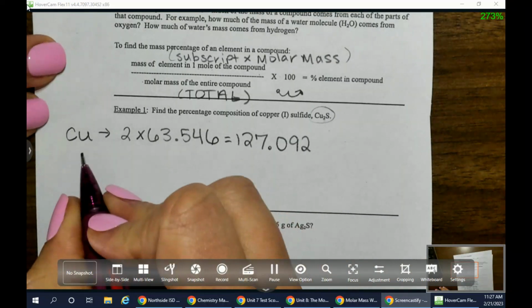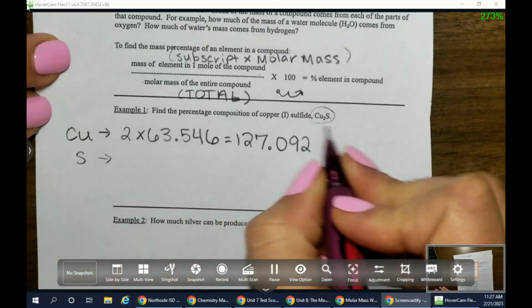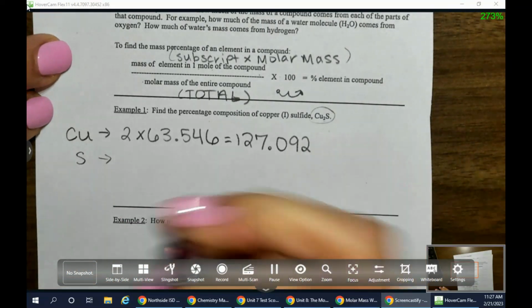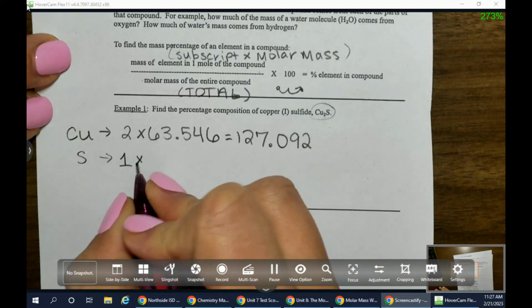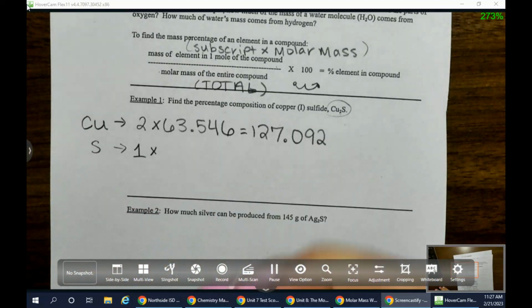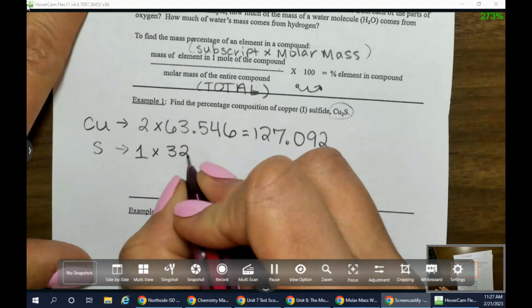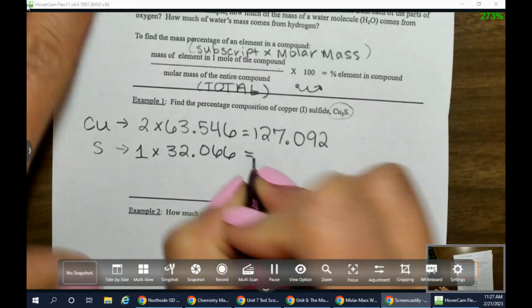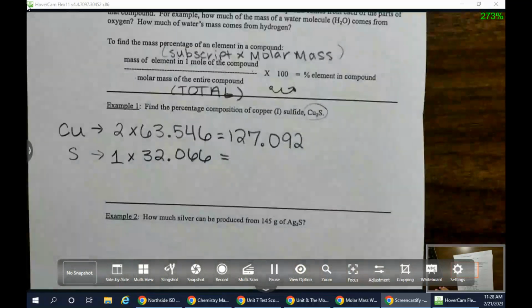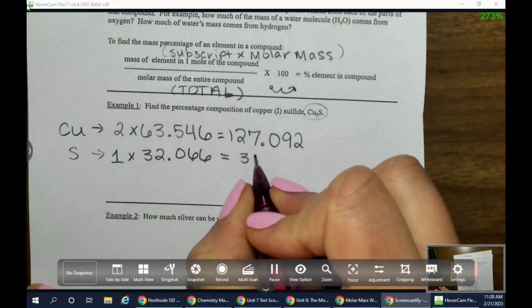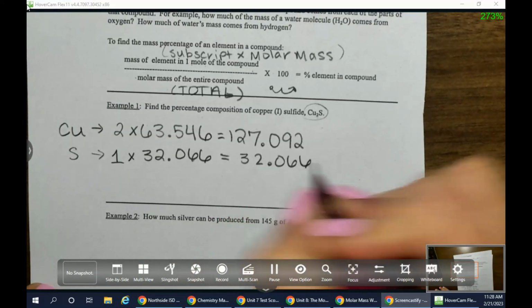All right, cool. So then I'm going to focus on sulfur. Sulfur has no subscript, so that means a 1. I'm going to multiply that by its molar mass from the periodic table, 32.066. So just these decimal numbers straight from the periodic table. Hopefully you don't have to type that one in. It's just going to be itself.